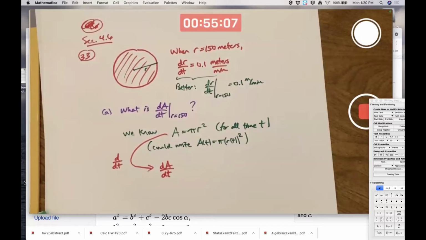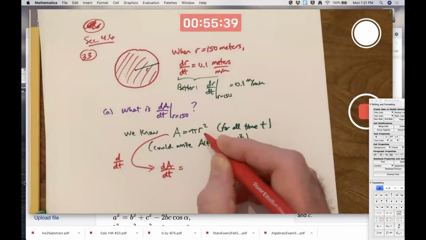With implicit differentiation, you might remember you had complicated equations for x and y that you could not solve for y, and you differentiated both sides with respect to x, pretending y was a function of x. This is not quite the exact same thing. I'm not differentiating both sides with respect to r here, for example. I'm assuming both sides depend on t and differentiating with respect to t.